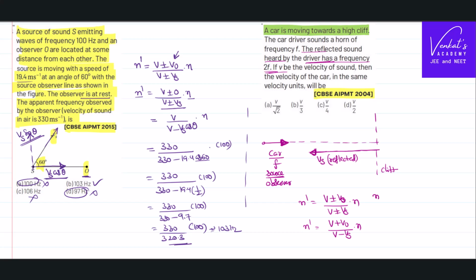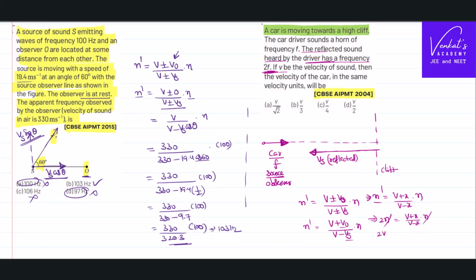That implies n dash equals, both Vo and Vs are the same, I call that X, because it's the same driver moving in the car. But it is given that this n dash is twice the original frequency, 2n. So 2n equals (V plus X) by (V minus X) times n, or F also I can write. Both of them can be cancelled.